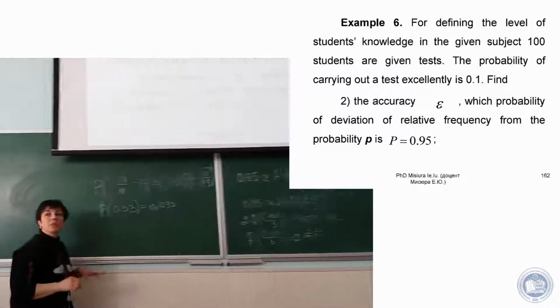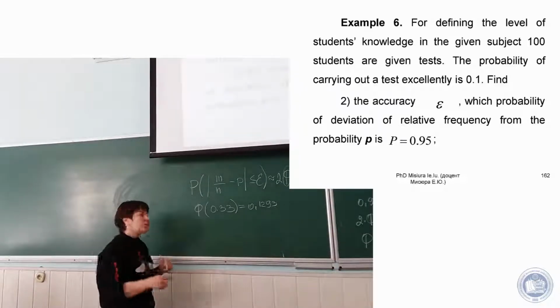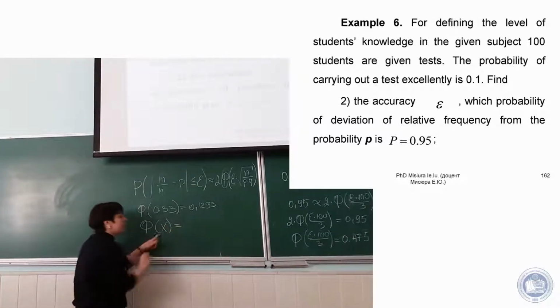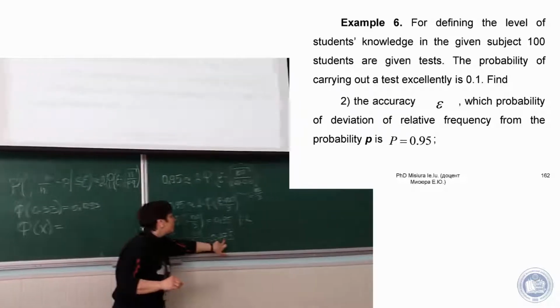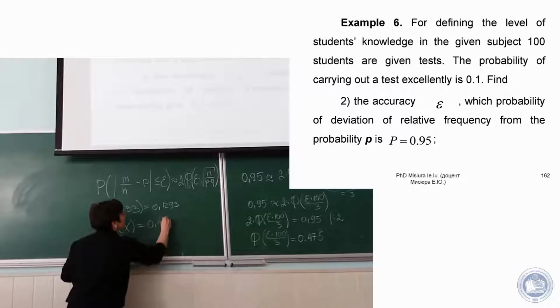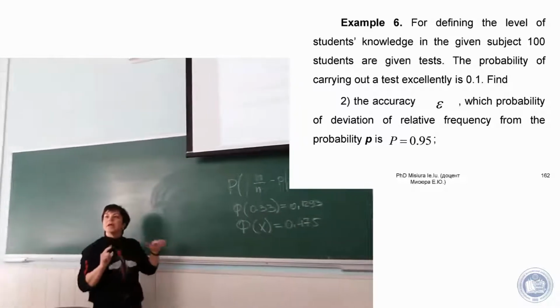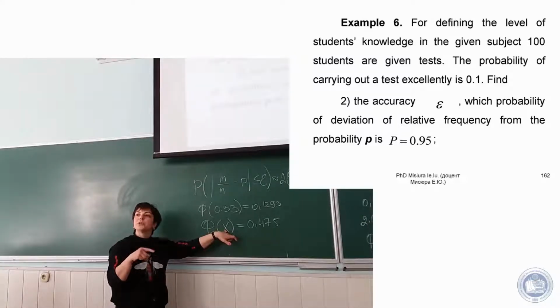Agree? You need to solve the inverse problem. То есть вам нужно будет обратную задачку решить. Phi of unknown value equals 0.475. Look at this table and look for x. То есть нужно будет найти x по табличке, да?